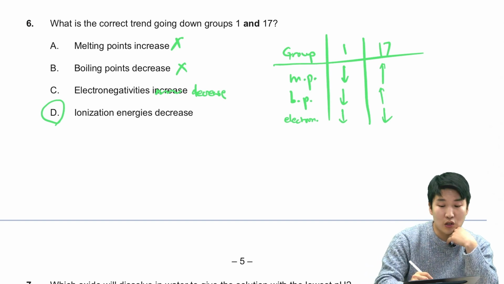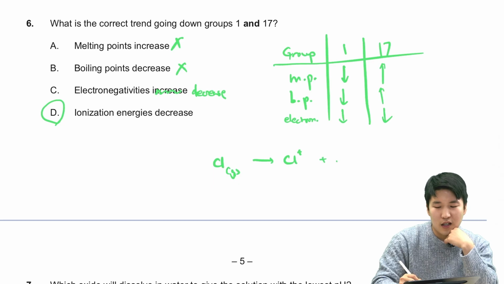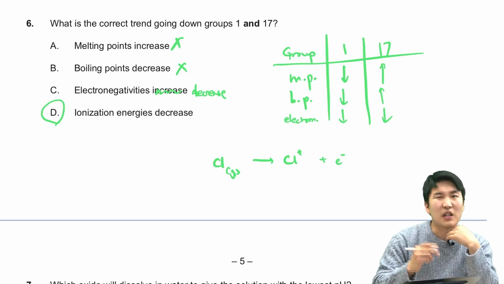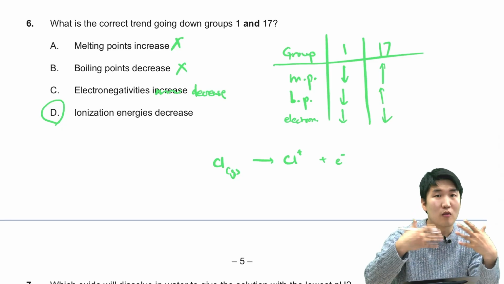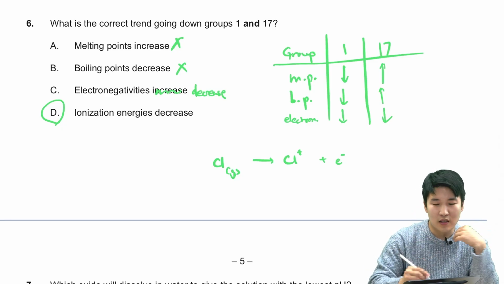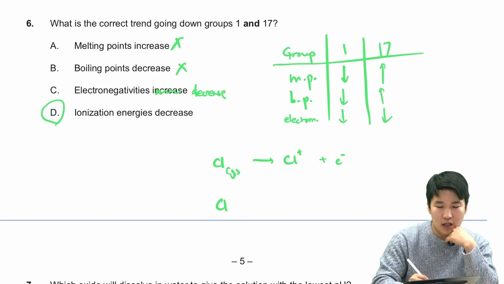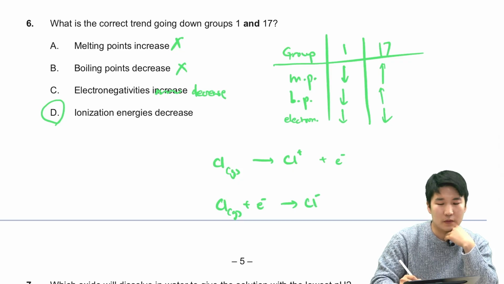For example, we could ionize Cl gas into Cl plus and an electron. But what I was saying about electron affinity is that it's more probable and realistic for Cl gas to obtain an electron to become Cl minus.